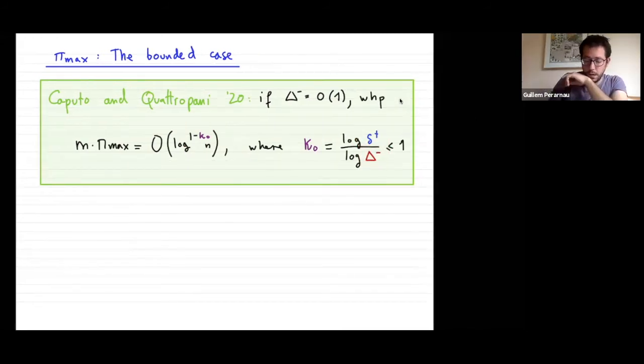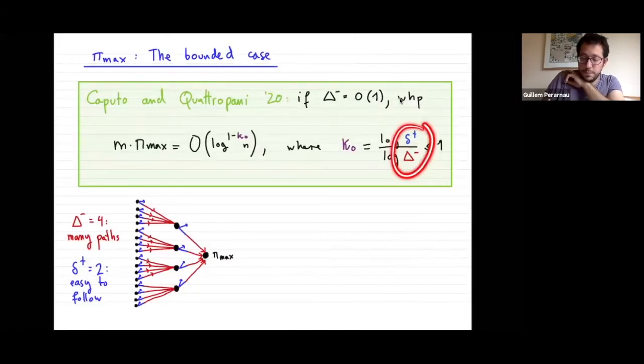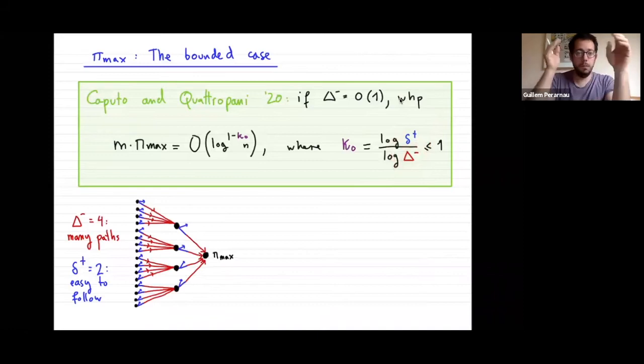So I'll try to give you some intuition why these two parameters pop up when you're looking at the most popular guy. Again, we're looking at pi max, the most popular guy, the one that is easiest to access. This is a bit of a heuristic, but if you want a vertex to be very popular, you'd like it to satisfy two things. The first is that it has many paths leading to it. The second, which is also very important, is that these paths are easy to follow.